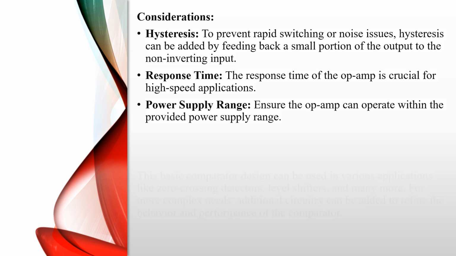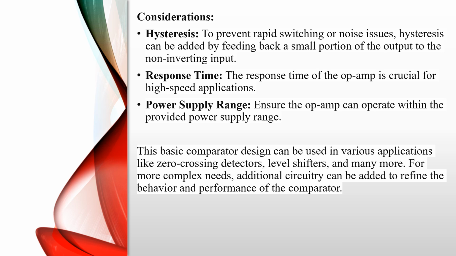The basic comparator design can be used in various applications like zero crossing detectors, level shifters and many more. For more complex needs, additional circuitry can be added to refine the behavior and the performance of the comparator circuit.